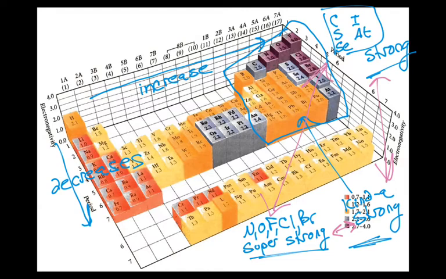So you should know that nitrogen, oxygen, and the first three halogens are super strong, carbon, sulfur, selenium, and the last two halogens are strong, and everybody else is kind of strong. If you can keep that in your head, it'll make this polarity stuff a lot easier.